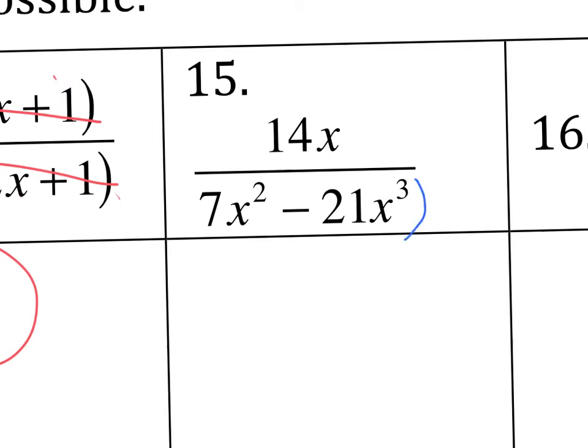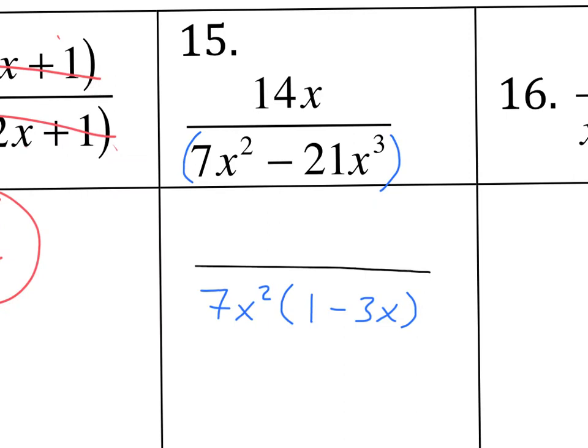The denominator here, what can I factor out? Notice there's a 7 I can pull out, and an x squared, which will give me 1 minus 3x. How do I know that's right? Because if I redistribute, 7x squared times 1 is 7x squared. 7x squared times negative 3x is negative 21x cubed.